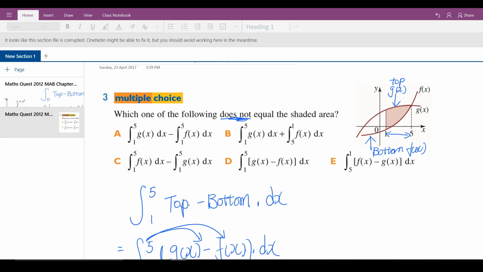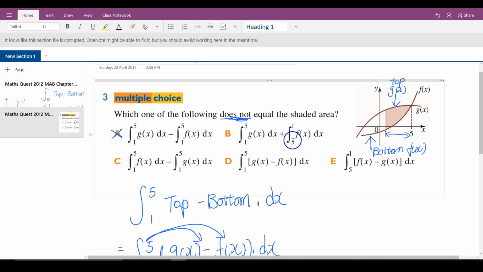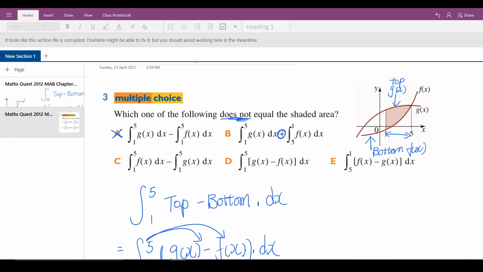Okay, that's a bit confusing. All right, not A. Let's go B. Now, the difference between A and B is the positive here. And for those who noticed, the 5 and 1 is different here. So now this requires you to understand a little bit about integral expressions.